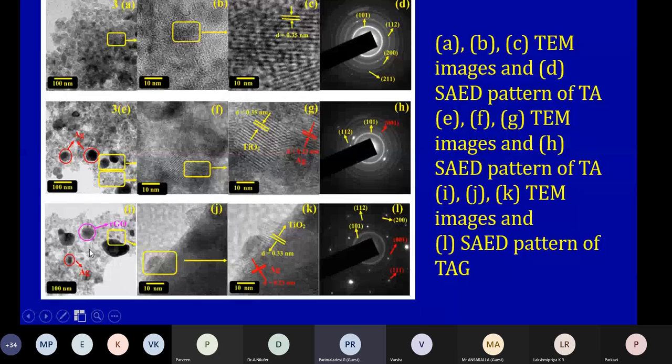And when you add graphene oxide, this is a lamellar structure added here. This is silver, this is graphene oxide, and this is titanium oxide. From this we can also find the d-spacing from the fringes, the lattice spacing of that.